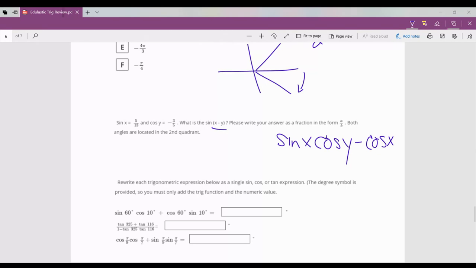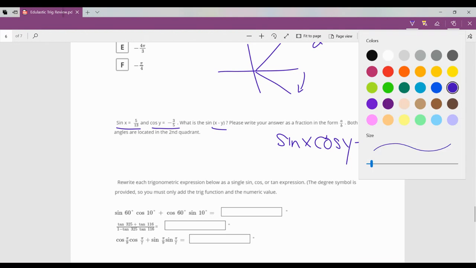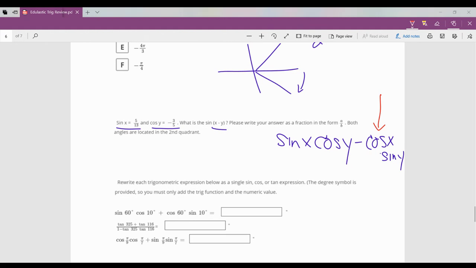I ran out of room. Okay, so those two are together. All right, so I have what sine of x is, and I have what cosine of y is. What I don't have is cosine of x or sine of y.